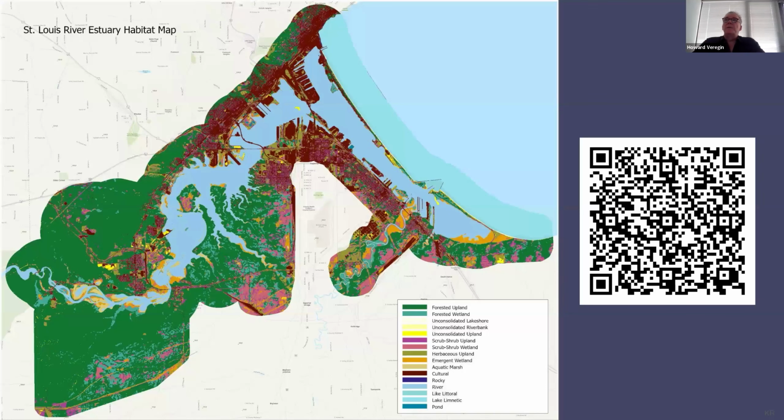This is the final St. Louis River Estuary habitat map. The QR codes will take you to an ArcGIS Online, or AGOL, map that will let you investigate this a little bit, pan around and zoom in and out, things like that.